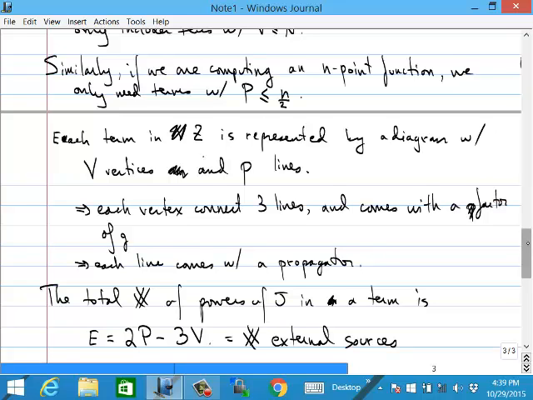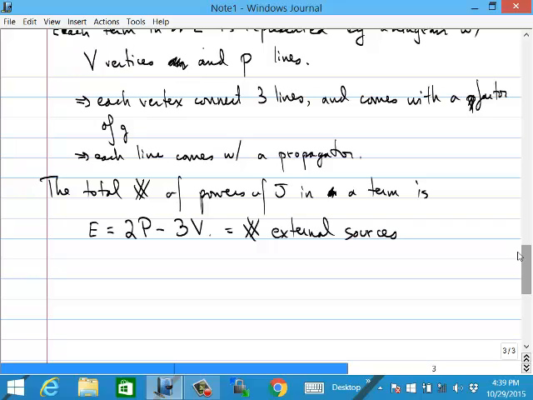So just to summarize the rules completely explicitly, what we have is that this partition function is a sum of diagrams built out of the following ingredients.